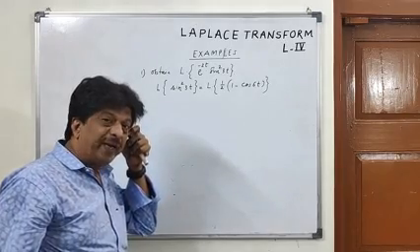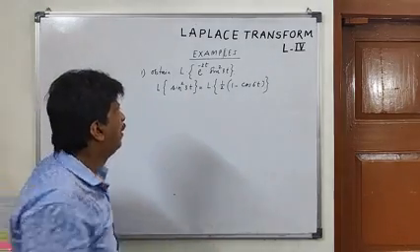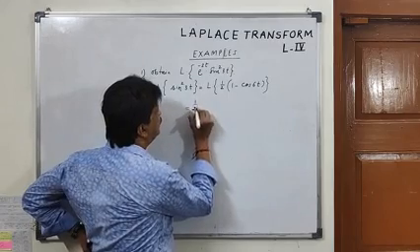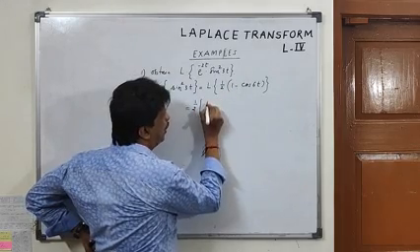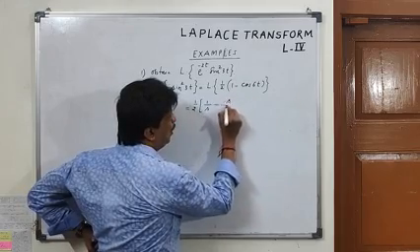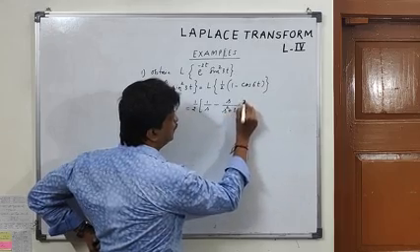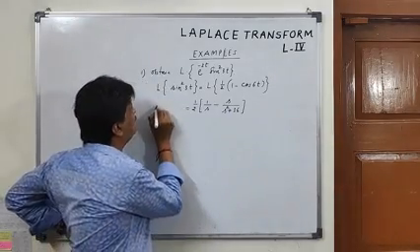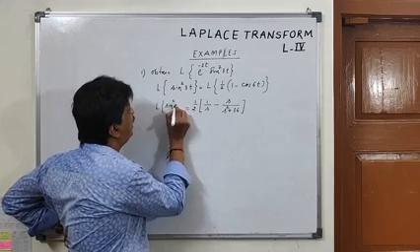The formula for sine square t is half of 1 minus cos of 2t. So using that formula, this is further equal to 1 by 2 times the Laplace transform of 1, which is 1 by s, minus the Laplace transform of cos of 6t, which is s upon s square plus 36. This is just the Laplace transform of sine square of 3t.